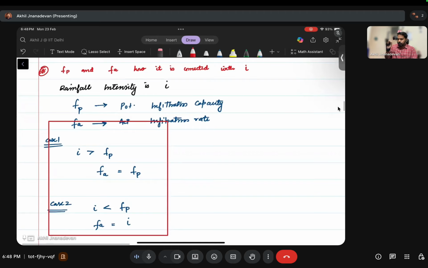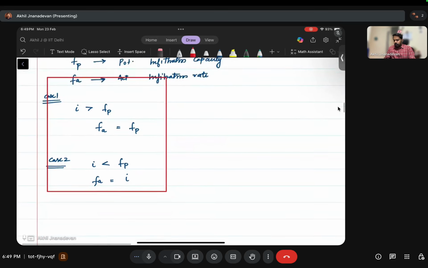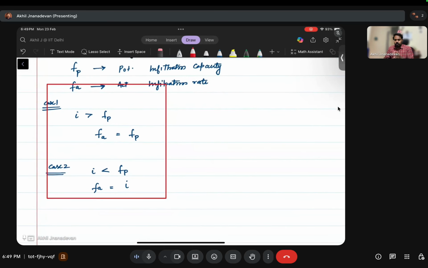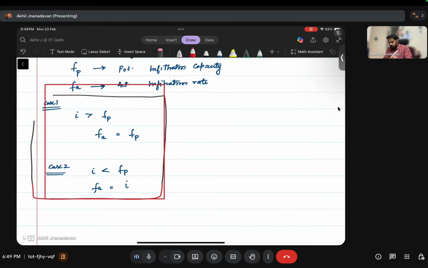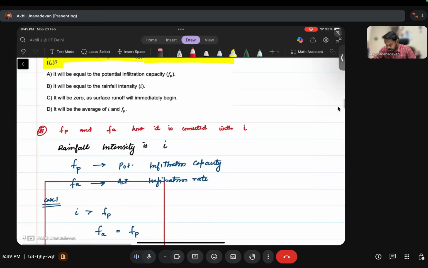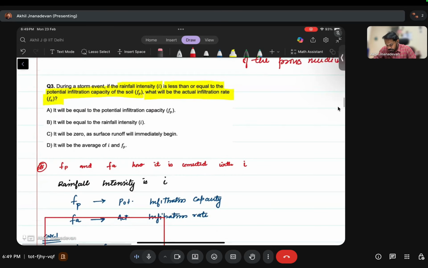So these are the two important things, that is, how for different intensities of rainfall the infiltration is happening. This is similar to the concept of actual and potential evapotranspiration. So now let's come to the question. Here, the rainfall intensity is mentioned as less than or equal to the potential rate. So in the question, I is less than FP, right?